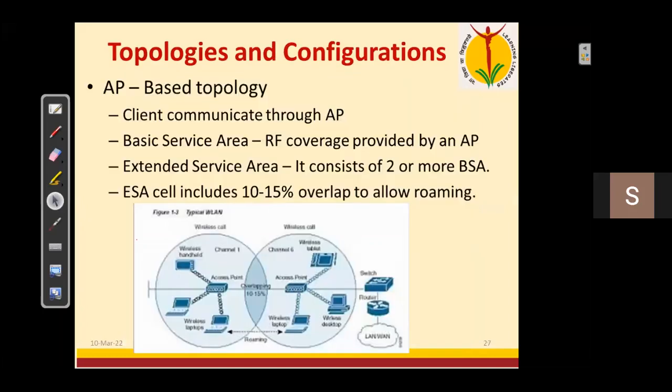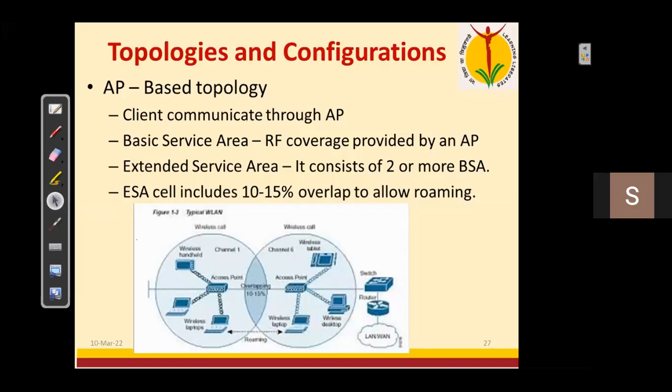Basically, there are topologies used to connect these devices. This is the access point based topology. We have the access point, and through it, whatever gadgets are available in that particular area are connected with each other. It is called the basic service area, which that access point covers through radio frequency.